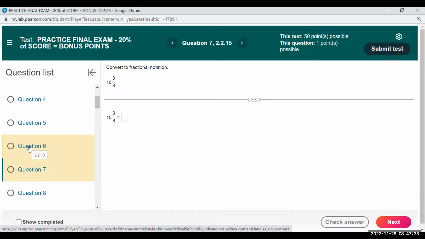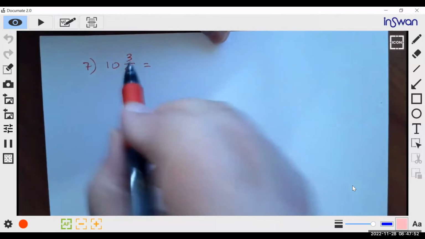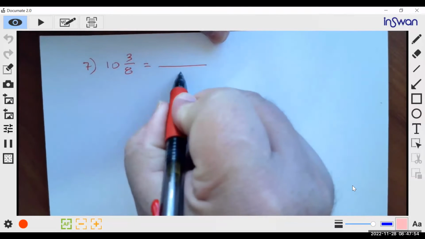Number 7 is the same as 6, pretty much. 10 and 3 over 8. So we know the bottom is 8.